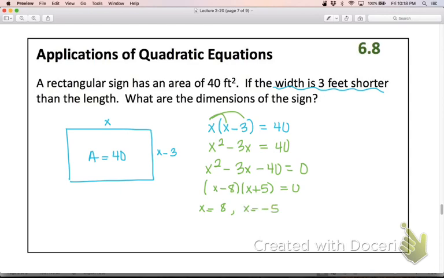Well, the length of our sign can't be negative, so that one doesn't make sense. So that tells us that we have a length of 8 feet, and 8 minus 3 means we have a width of 5 feet. So depending on the situation, negatives don't make sense. Like you can't have negative time, you can't have negative distance, things like that. So just something to keep in mind.